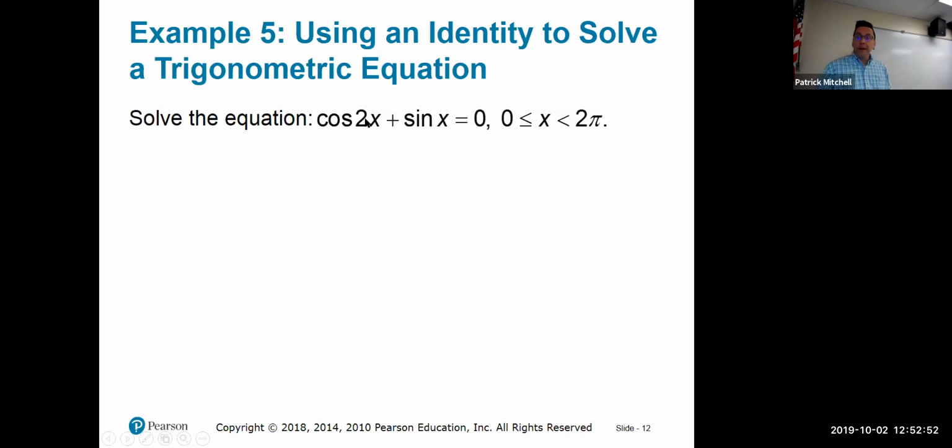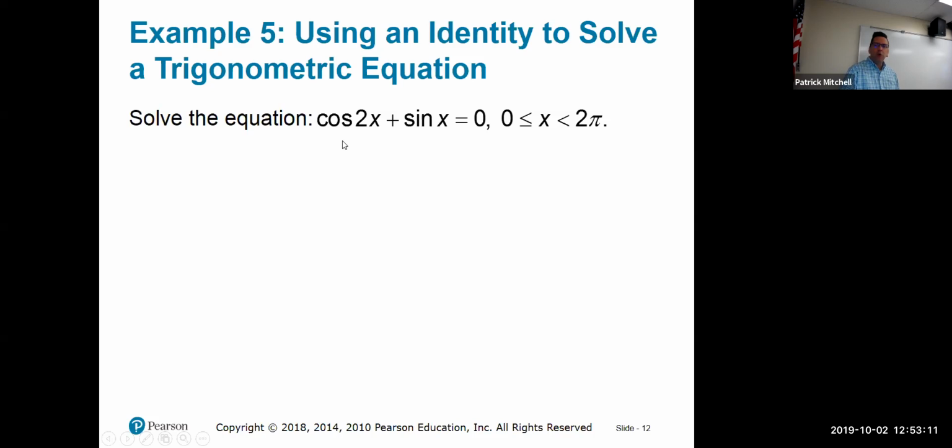So the way that we're going to make that 2x into just an x is we are going to use the double angle formula for cosine. Now you may remember that there were actually 3 different versions of the double angle formula for cosine.